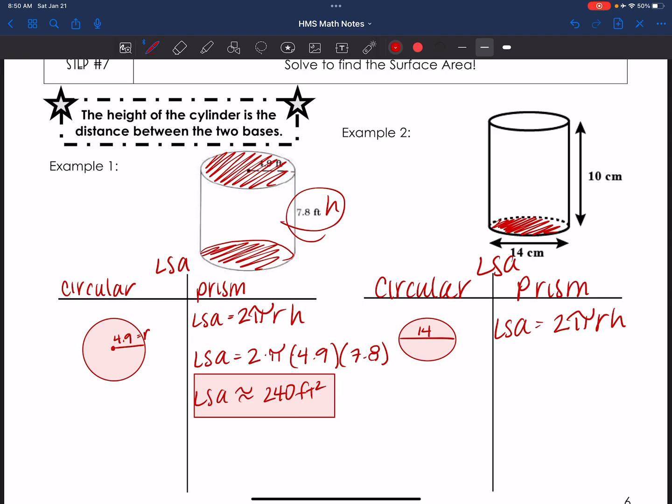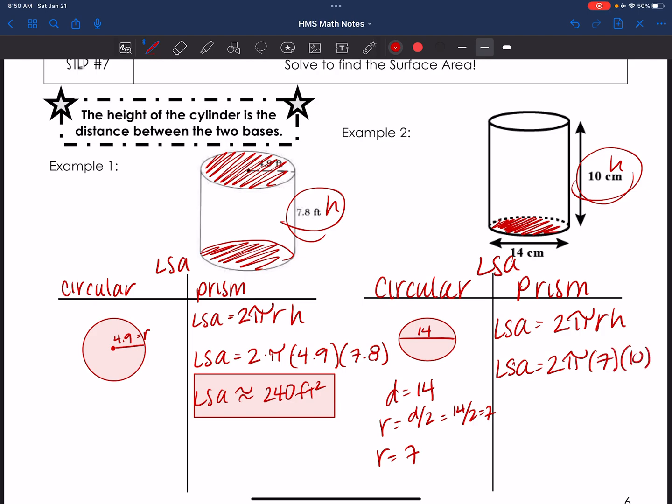All right, they gave me diameter, which means radius is diameter divided by 2. So 14 divided by 2 equals 7. So radius is 7, perfect, which means 10 has to be my height. Easy peasy, guys. So lateral surface area equals 2 times pi times 7 times 10.